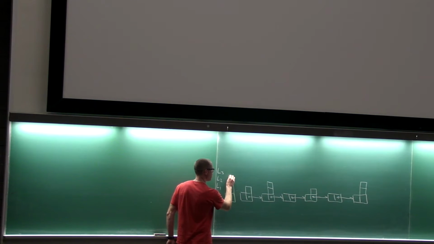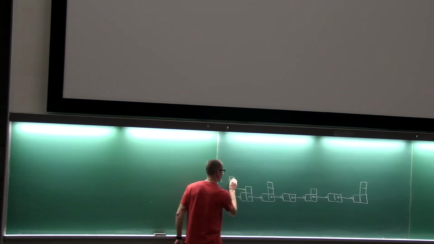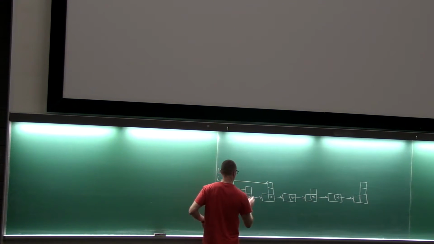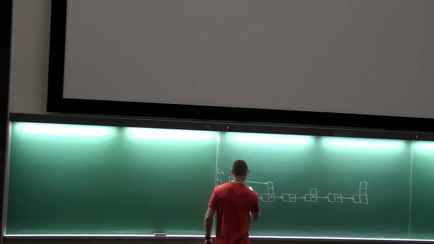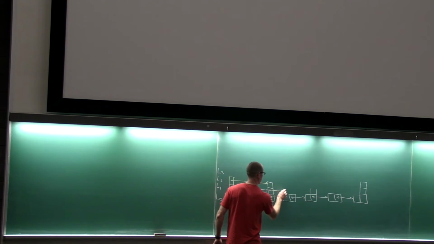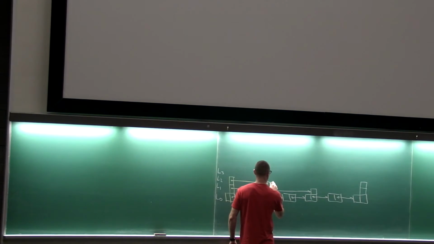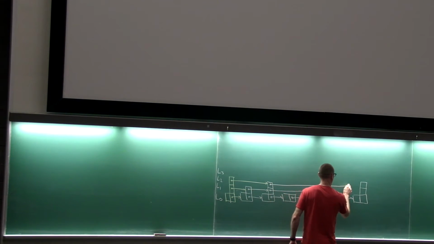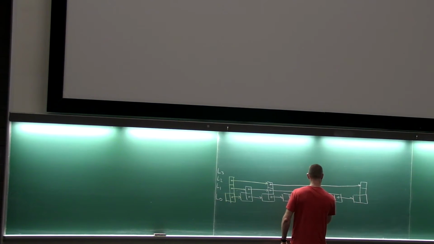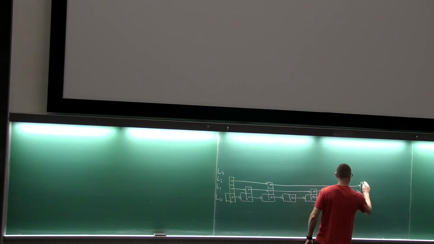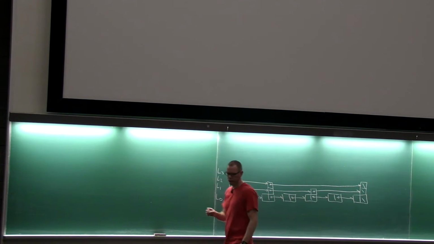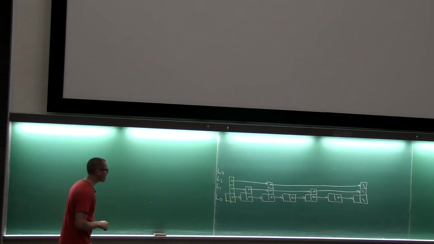It's just there so that it can get the front of each of these lists. So you end up with some structure that looks like this.